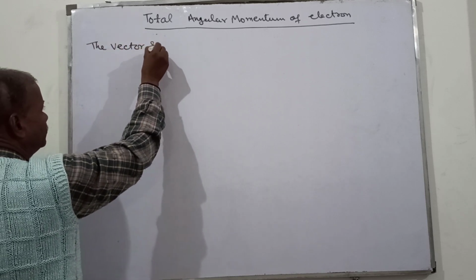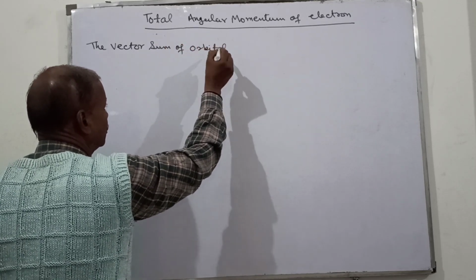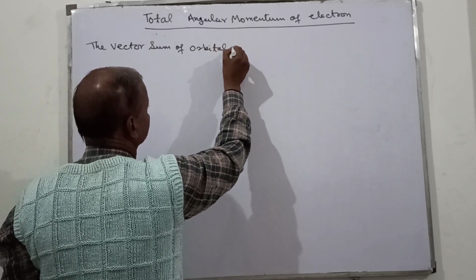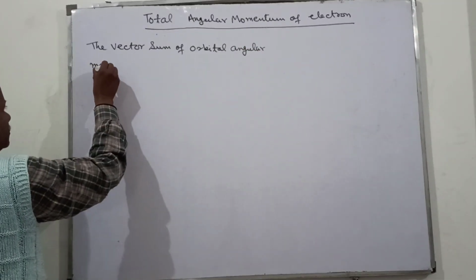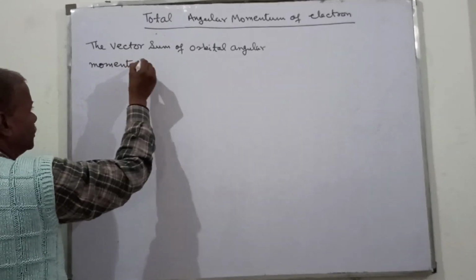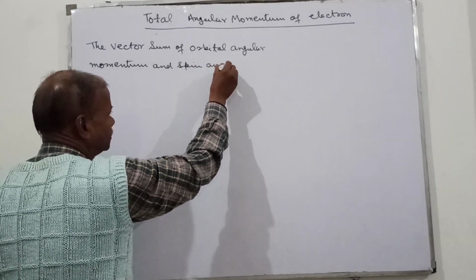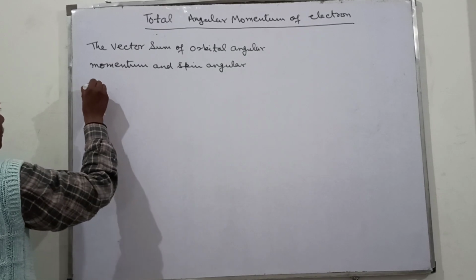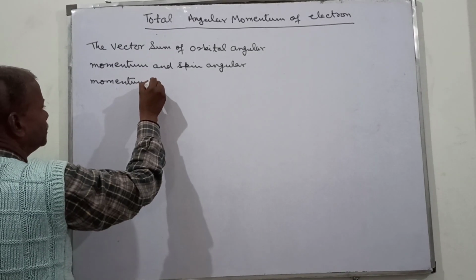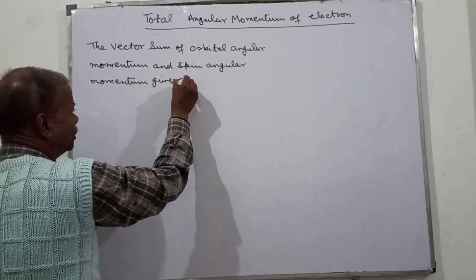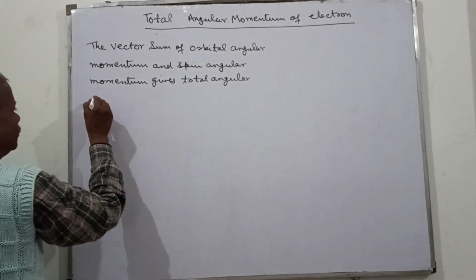The vector sum of orbital angular momentum and spin angular momentum gives total angular momentum.